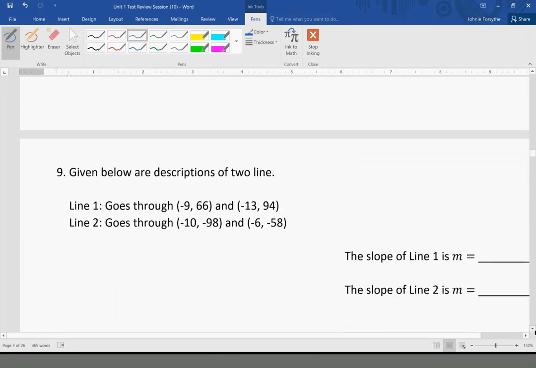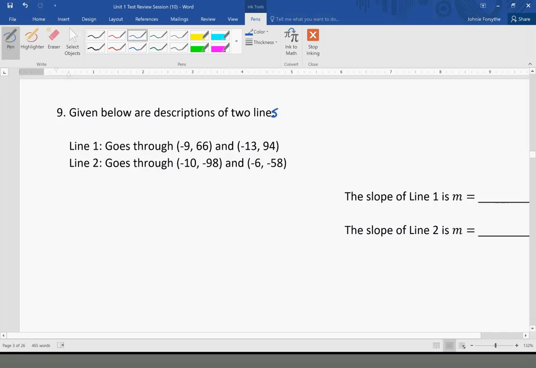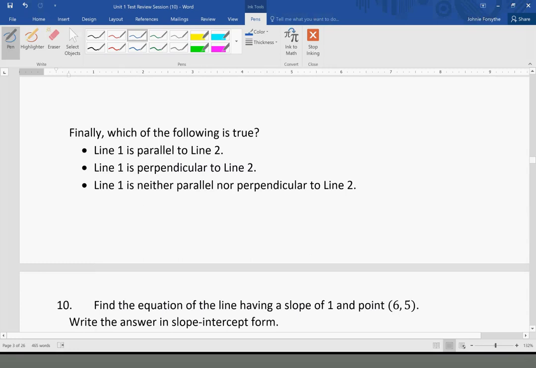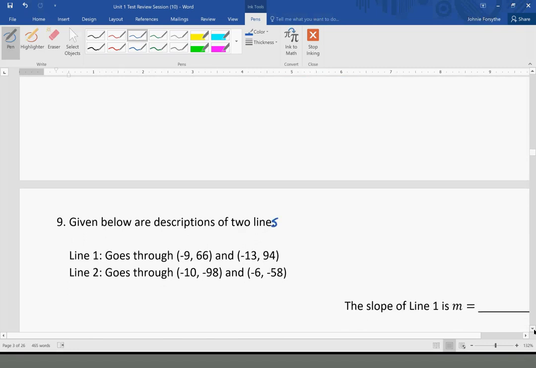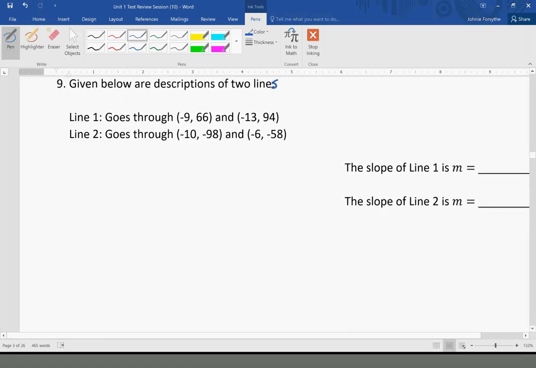All right, number 9. Given below are descriptions of 2 lines. All right, we're asking a few things here. I guess we could see the whole page, maybe.